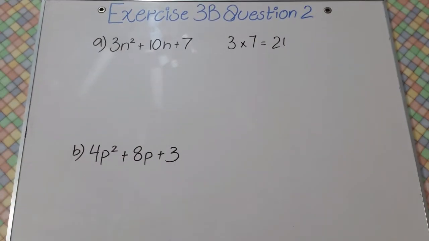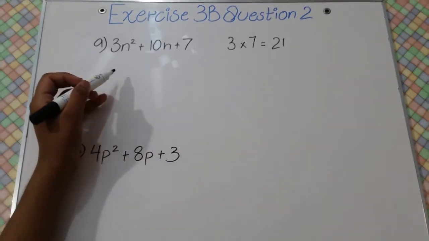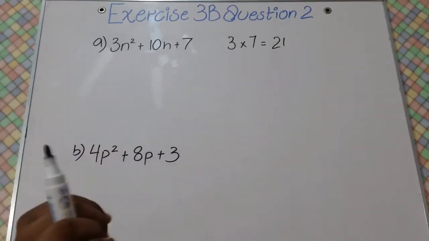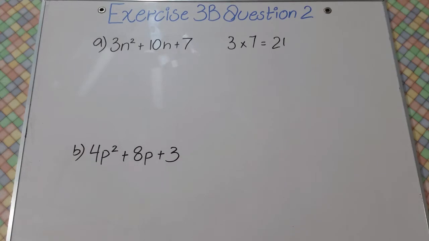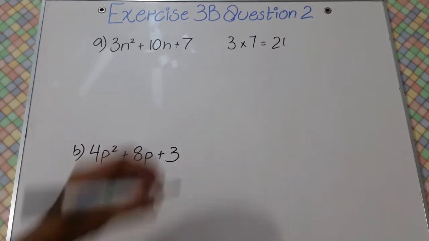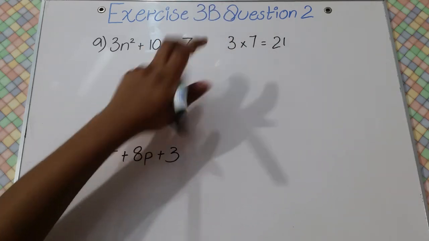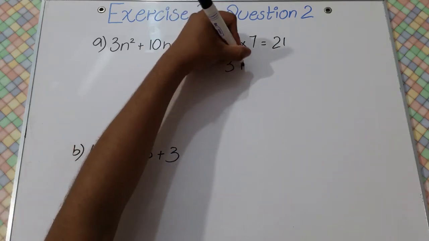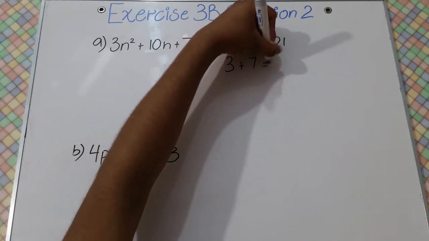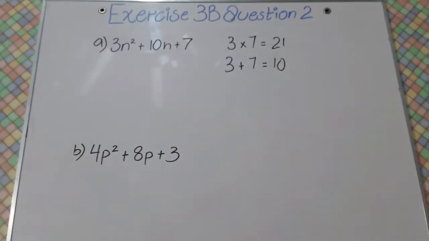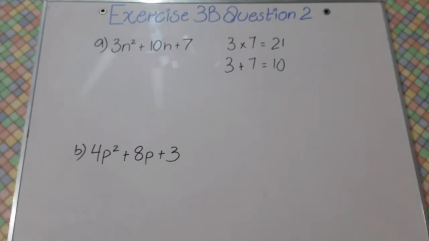I think it's a coincidence that we already have those numbers with us. If we multiply 3 with 7, it's 21, and if we add 3 and 7, it is 10. So I think we have found the middle term.